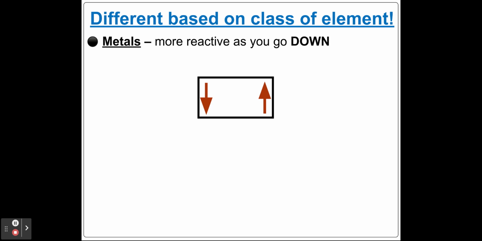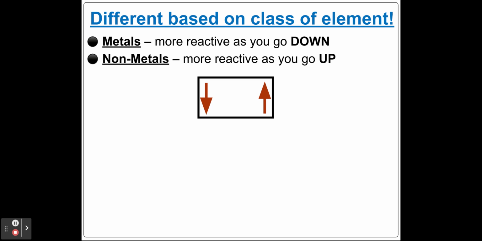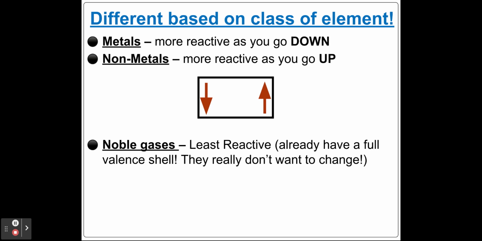The metals are on the left side, and as you go down a group, the reactivity increases. But nonmetals, on the right side of the table, become more reactive as you go up the group. So metals become more reactive down a group, nonmetals become more reactive up the group.